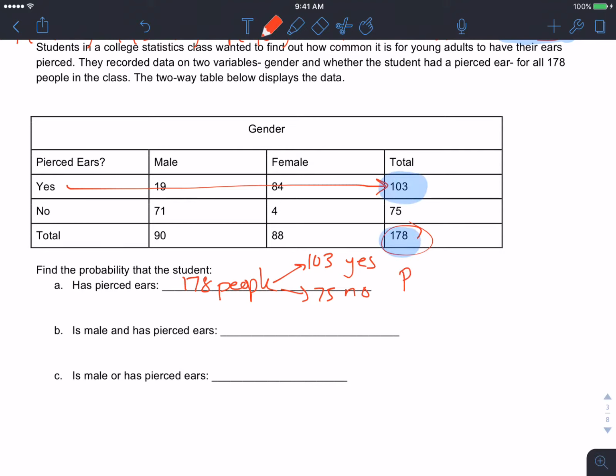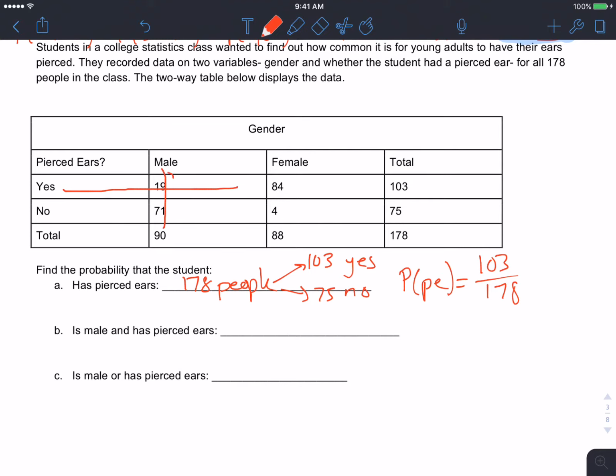So my probability is 103 over 178. The next one asks for is male and has pierced ears. So for pierced ears we're looking for yes, and for males we're looking for yes.